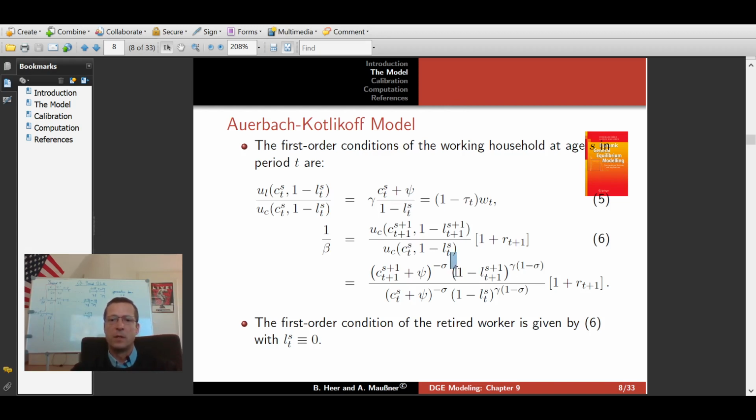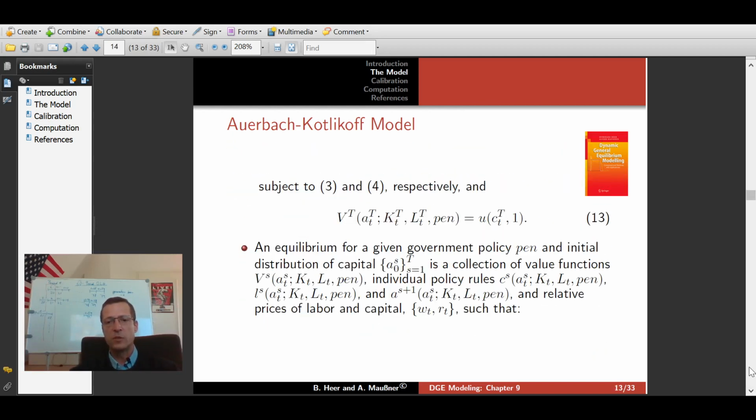So this factor here is 1, this factor here is smaller than 1, and because of sigma equal to 2, the whole factor here in the denominator is larger than 1. So this implies that our consumption drops from s to s plus 1 at s equal to 40. Our leisure increases to 100%. Let me give you the economic intuition.